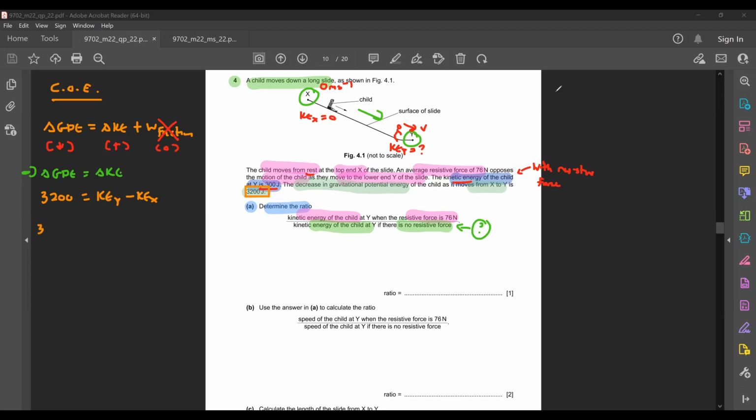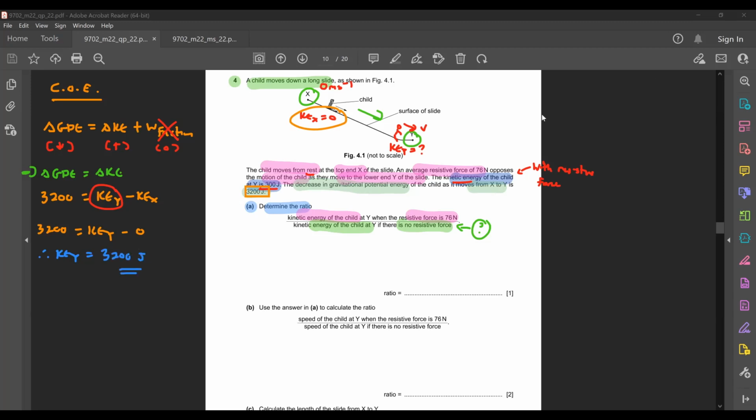So if you try to find your KE at Y now, you will get 3,200 equals KE at Y minus 0, because the KE at X is 0 in the first place. Therefore, your KE at Y is going to be 3,200 joules.